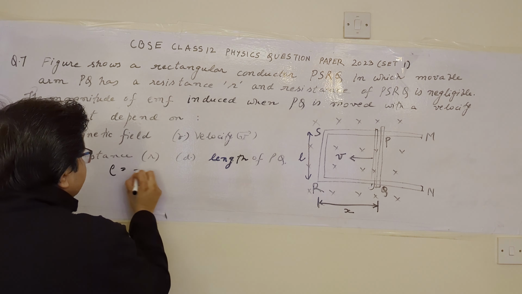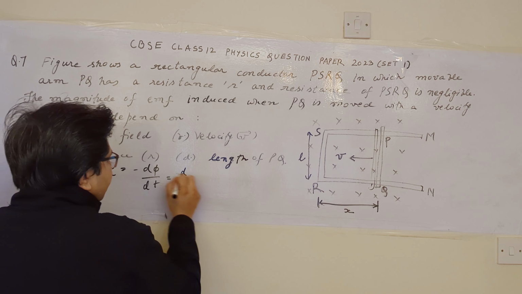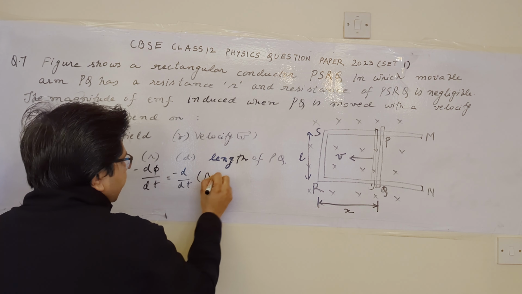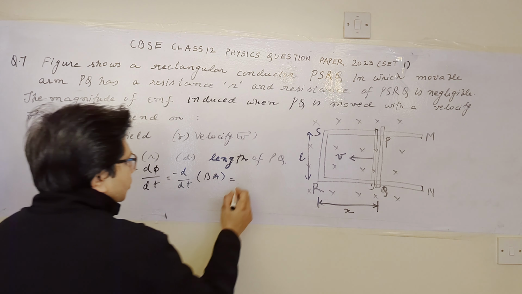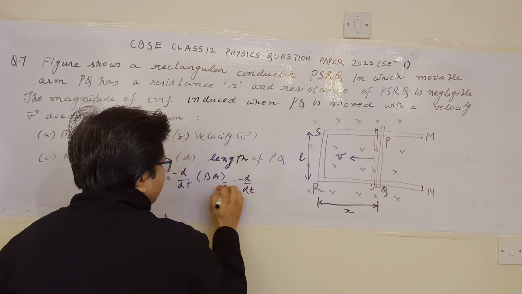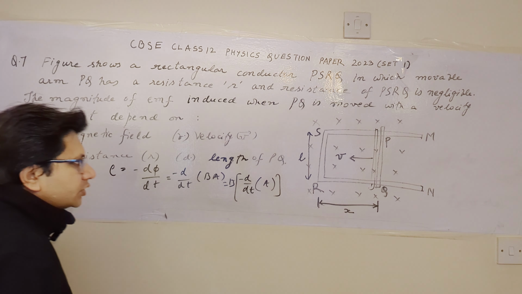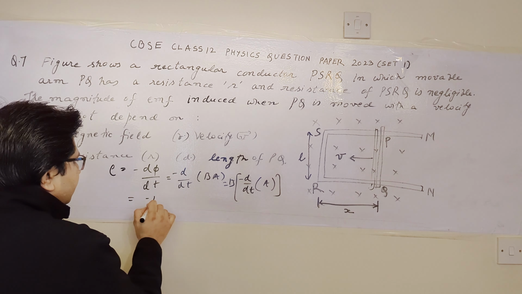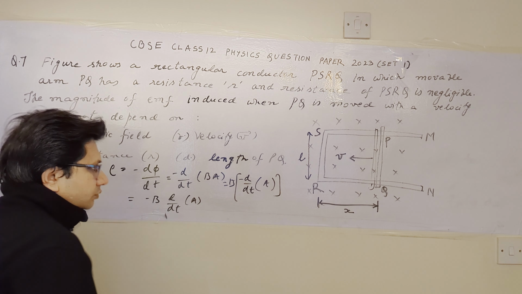So in this particular case, E equals minus d phi by dt, and we know that phi is B into A. B is a constant here, the field is constant, so we can pull B out of this differentiation and only the area remains in the differentiation. So this comes out to be minus B d by dt of the area.